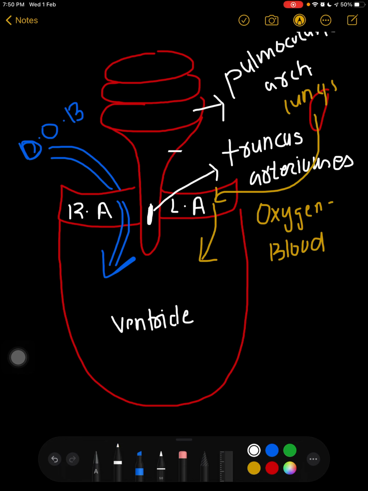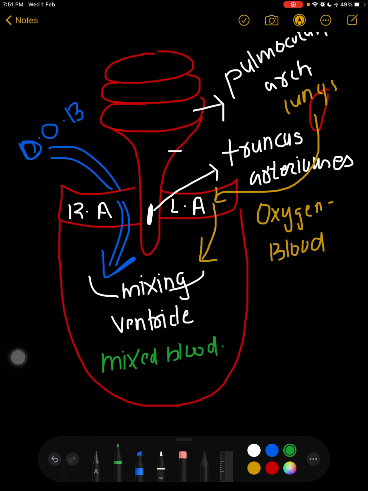So this deoxygenated blood and this oxygenated blood will mix, and mixing will occur. Now this mixed blood will go to the truncus arteriosus.